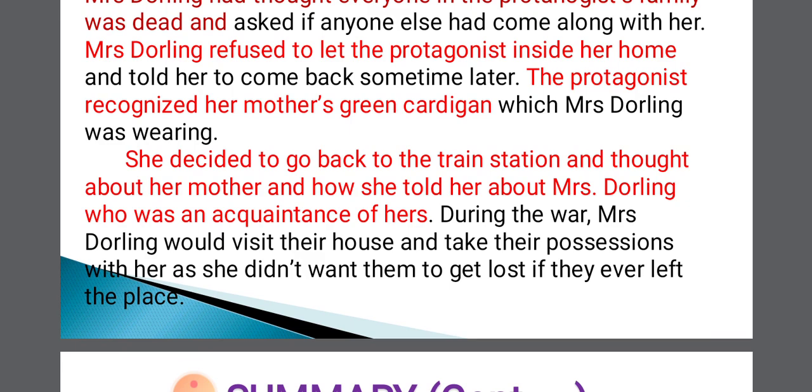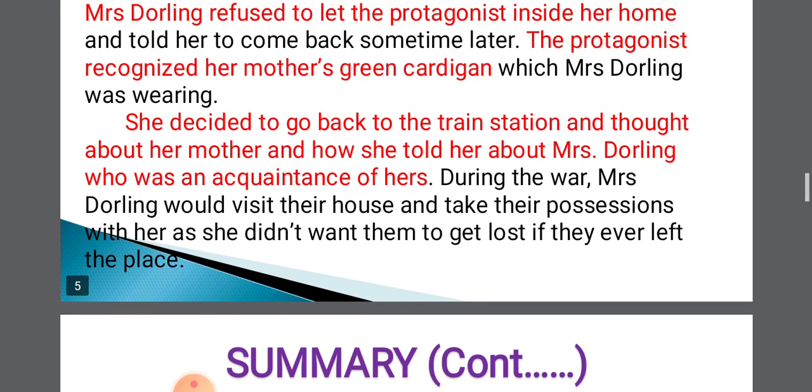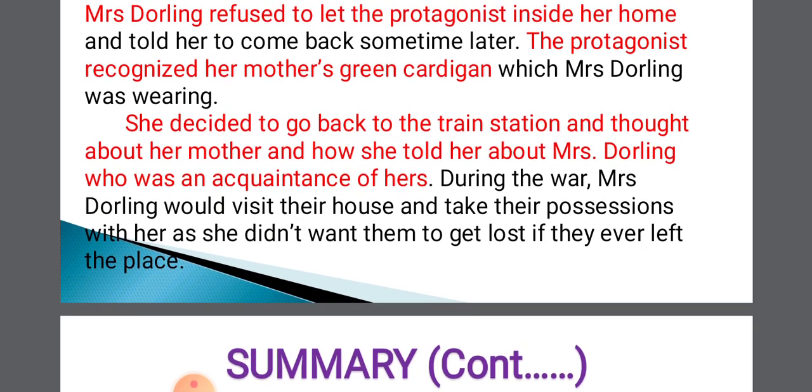She said nothing, and rather decided to go back to the train station and thought about her mother, and how she told her about Mrs. Darling, who was an old acquaintance of hers. During the war, Mrs. Darling would visit their house and take their possessions with her, as she decided she didn't want them to get lost if they ever left the place.